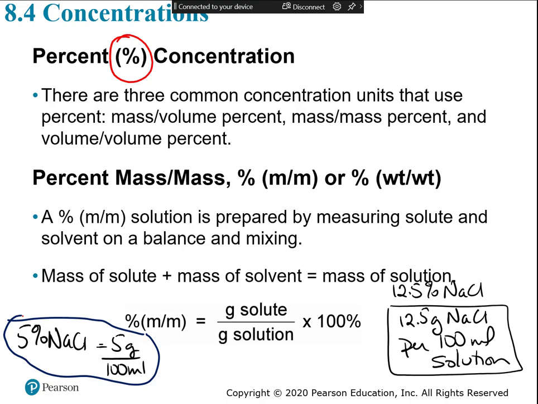So like with molar, where you had to convert it to moles per 1 liter, when you see percent, put whatever that number is over grams per 100 mils. Just convert percent back to what it actually means. 5% means 5 grams per 100 mils. 12% means 12 grams divided by 100 mils.